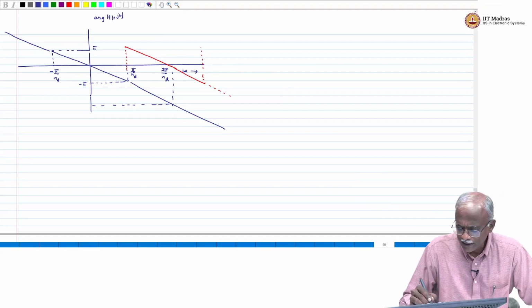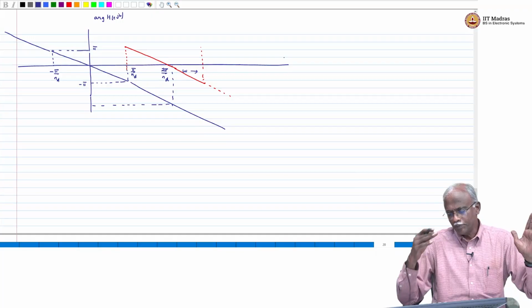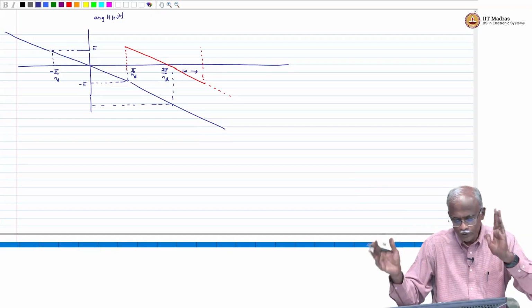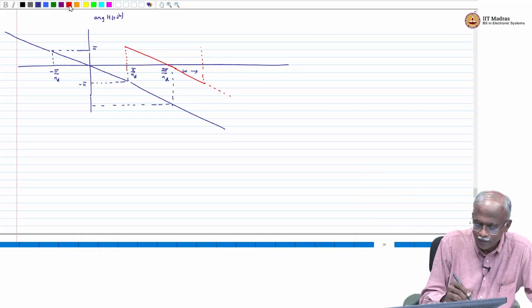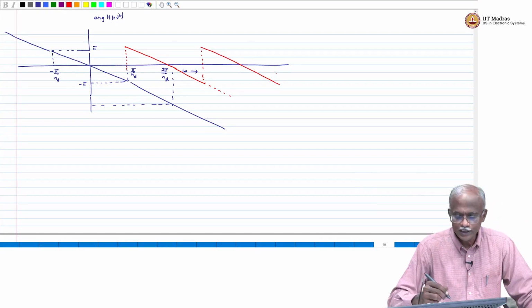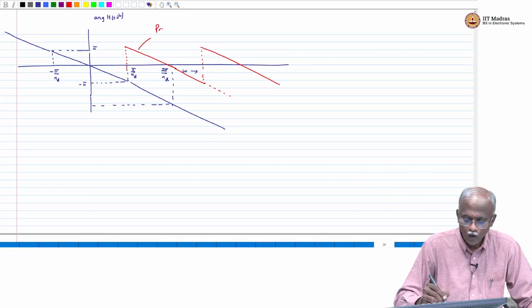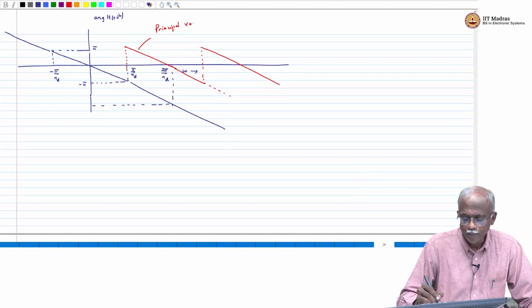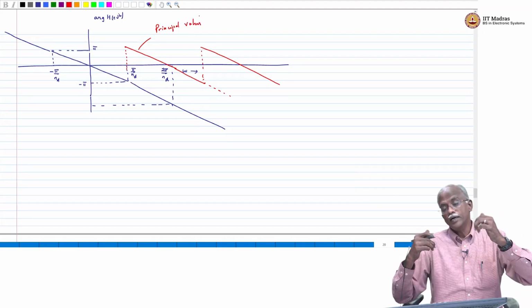They're both saying the same thing in terms of the periodic function with period equal to 2 pi. Both will give you the same value in terms of the phase response, but important to note that the principal value, so this is the principal value, always stays between plus and minus pi.